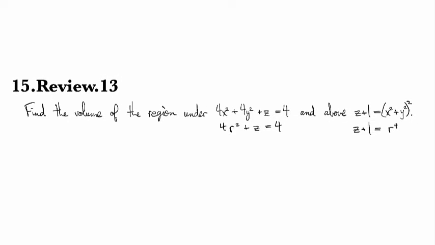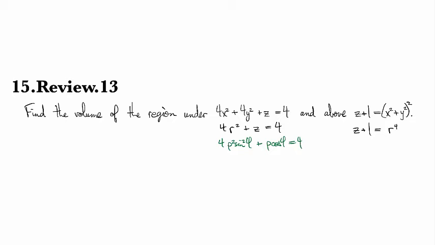So let's see. On this side, we would have like 4 rho squared sine squared phi plus rho cosine phi equals 4. That looks moderately painful. And then over here, oh my god, it's even worse, right?